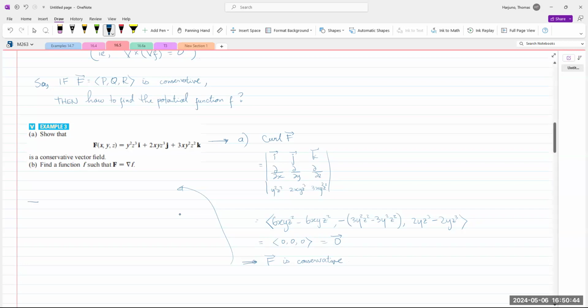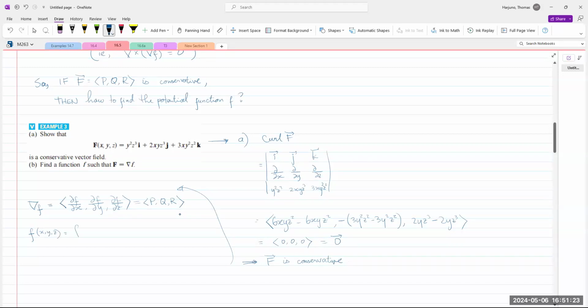Notice that the gradient of f is the partial of f with respect to x, the partial of f with respect to y, the partial of f with respect to z, which equals the vector field F. Which means if I want to find the potential function f, we have 3 points of view.